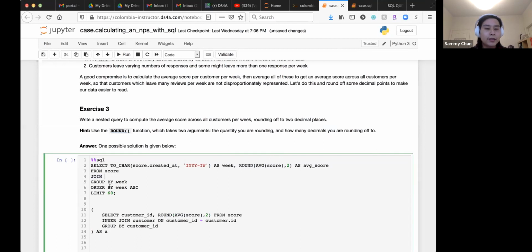And then we do the group by the week, and then order by the week. That should hopefully be enough to get you all started on thinking about and working on the query. So let's work on this for maybe another 5 minutes, and we will come back at 11:16.